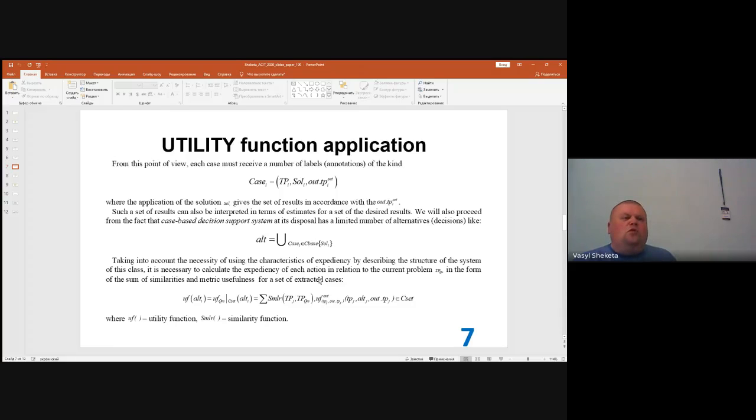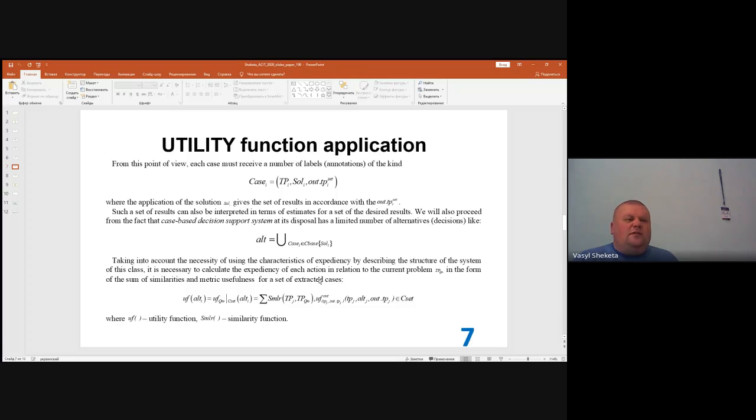and the formal approach needs to make some use of evaluation. For this purpose we use a utility function, and this function allows us to evaluate similarities, and for this purpose we use a similarity function.